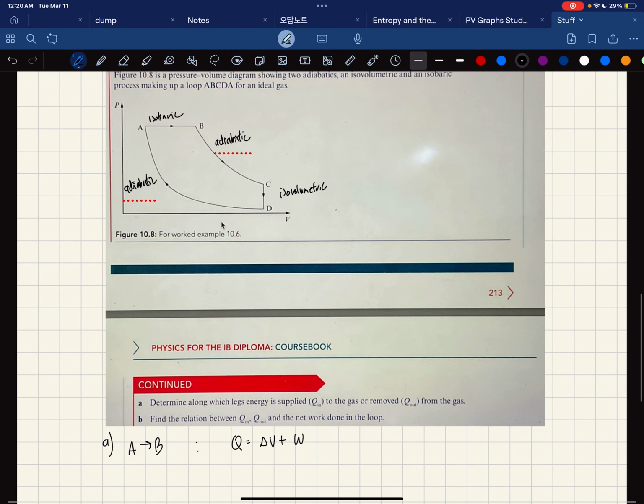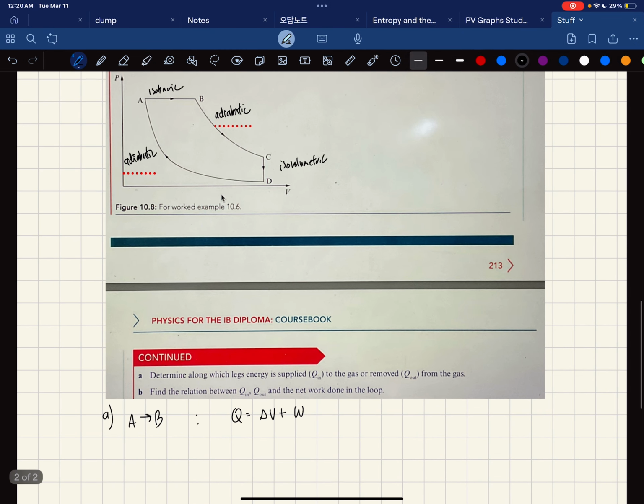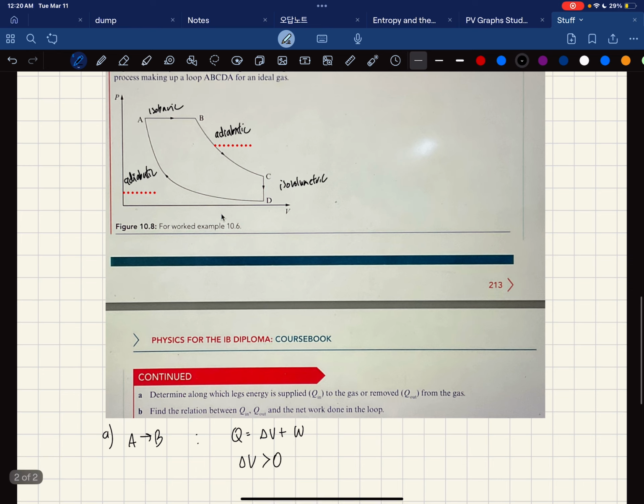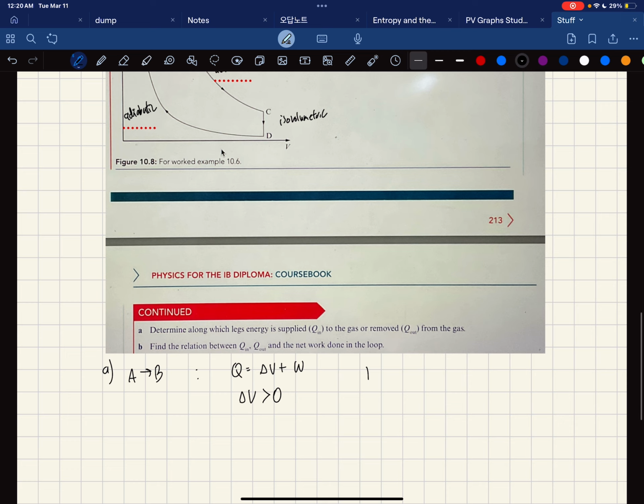Okay, so for A to B, we can tell that the internal energy has increased. So change in internal energy is bigger than 0. Why? Because remember, this is an ideal gas, so the rule of PV equals nRT follows.